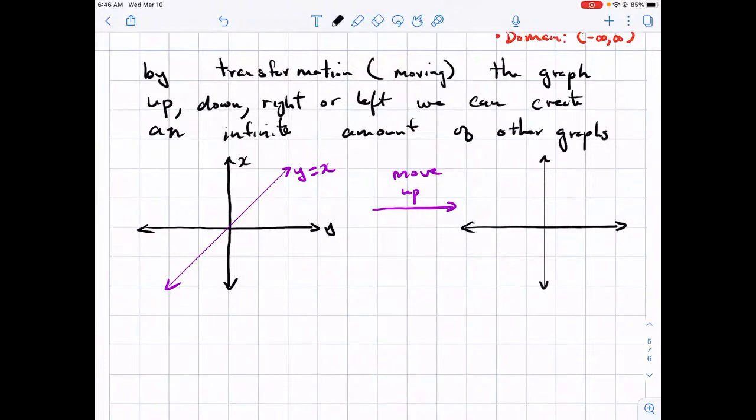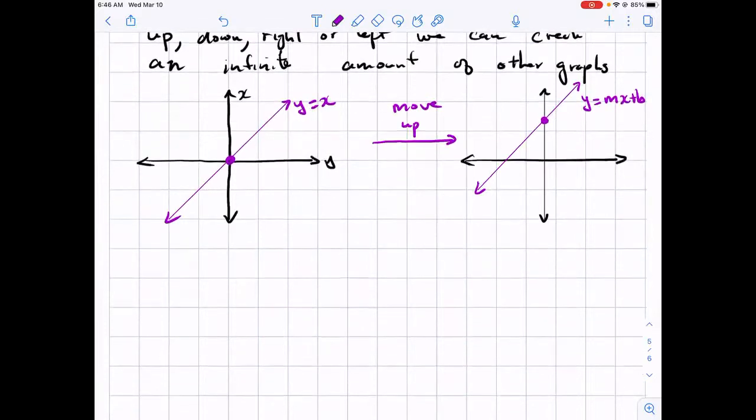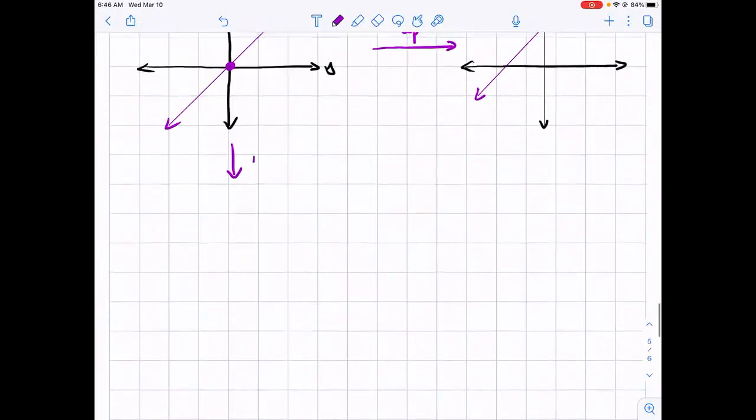If we move this point, which is on the graph, and shift that point here, then we can have a graph that looks like this. And this is now in the form y equal mx plus b. Or if we move it downward, we can have a graph that looks like this.